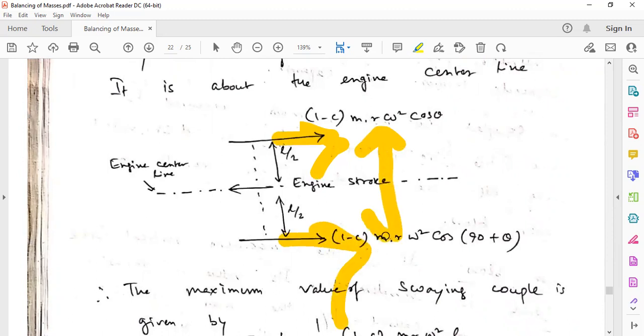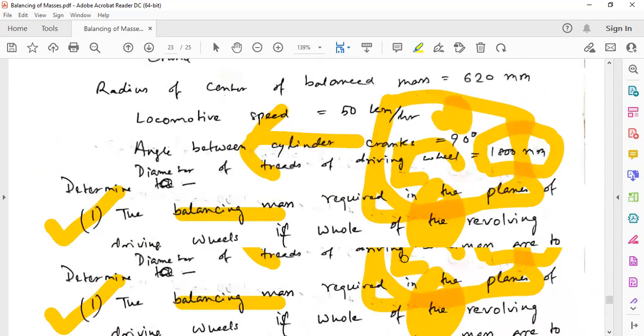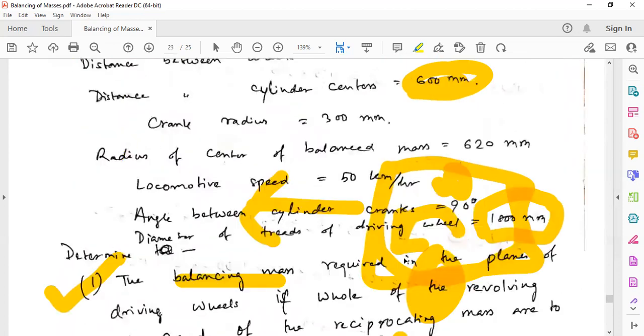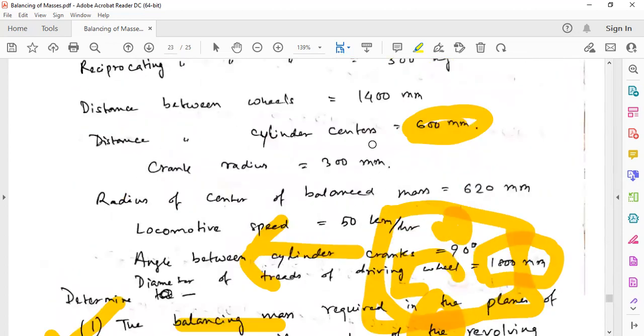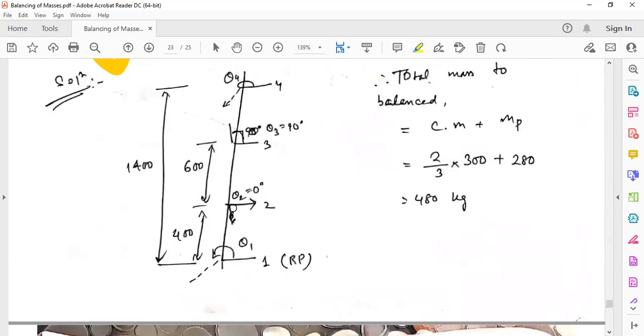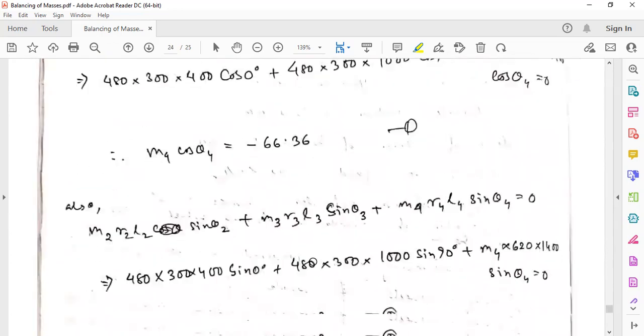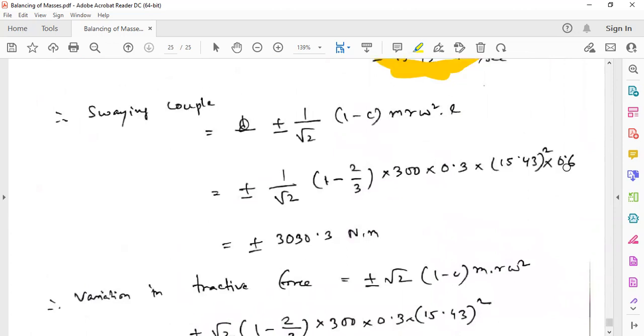So this is 600 given in the question, the gap between the cylinder centers. Both of them are causing the couple. So here we have 600 as the gap between them, so we have to take the length L as 600, or 0.6 meter. So C value is given, so we can find out the swaying couple using this formula.